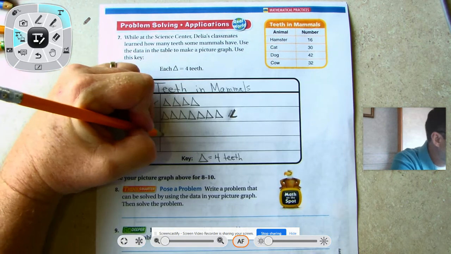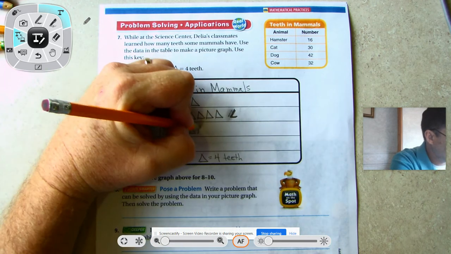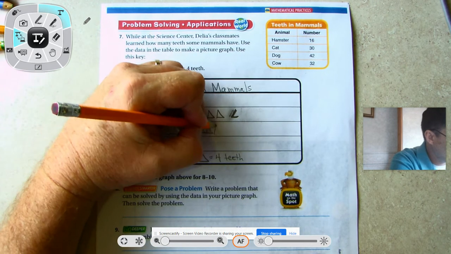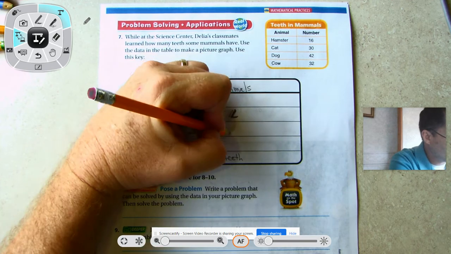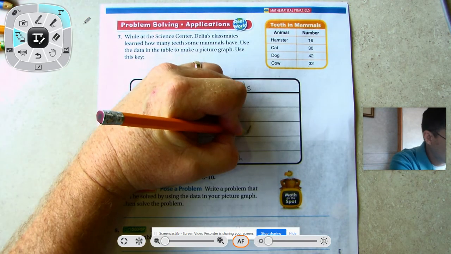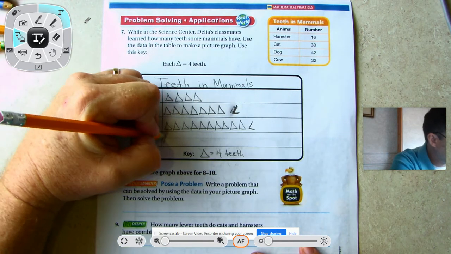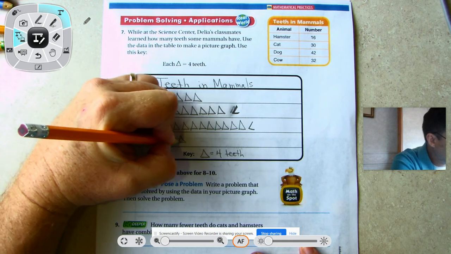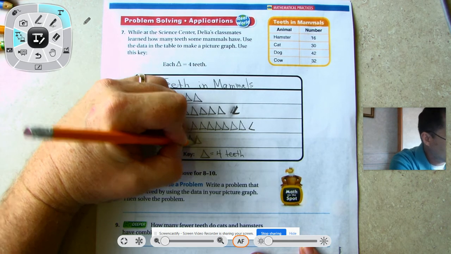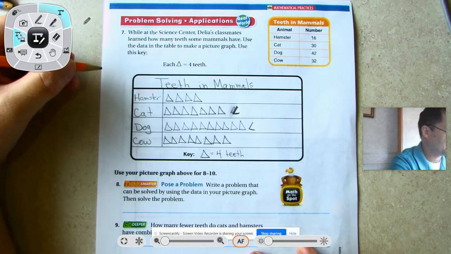Dog, 42. 4, 8, 12, 16, 20, 24, 28, 32, 36, 40, plus 2 more is 42. And the cow, 32. 4, 8, 12, 16, 20, 24, 28, 32.